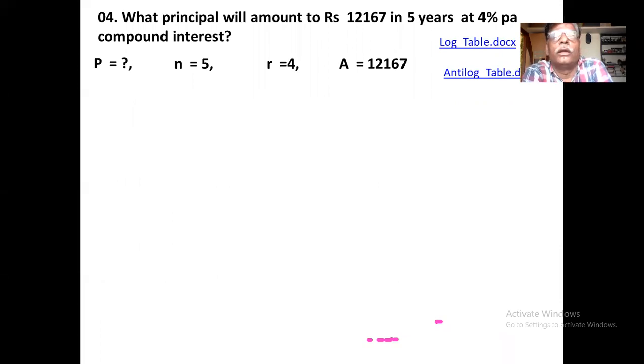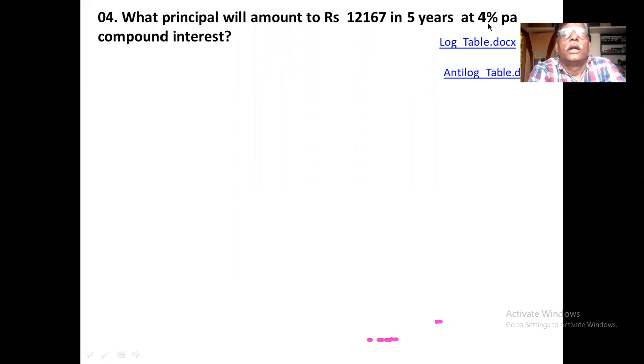Next, come to the next problem. What principal will amount to rupees 12,867 in 5 years at 4% per annum? What principal? What do they have to calculate? Tell me anyone.